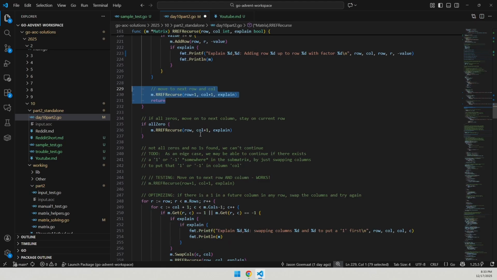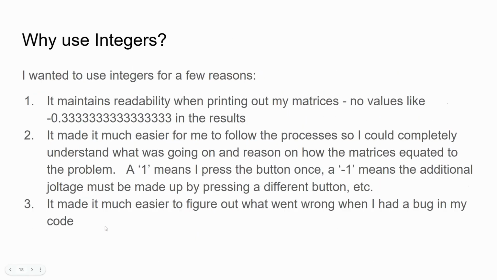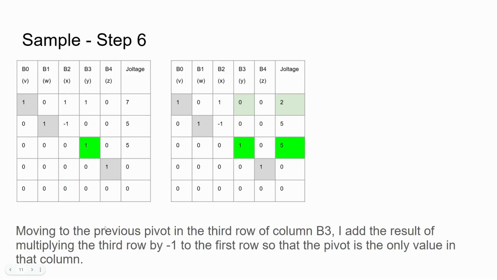If they're all zeros, I just add 1 to the column. If that's the case, go back here, right here. That'd be the case here where they're all zeros. So I go ahead and just move to the next column, look for another pivot. If this were 2, I would find a 1 in a future column and swap that column with this one, so this would be the pivot.